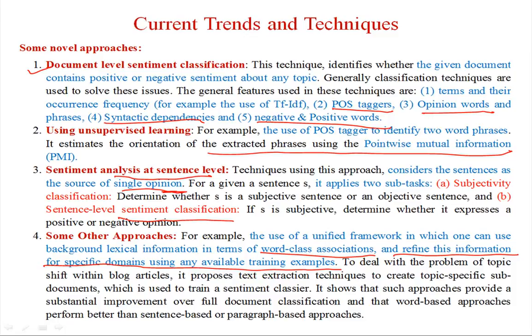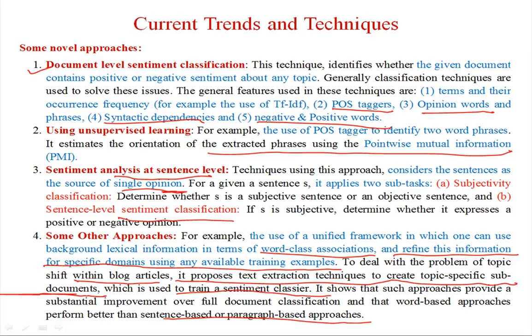To deal with the problem of topic shift within blog articles, it proposed text extraction techniques to create topic specific subdocuments, which are used to train the sentiment classifier. It shows that such an approach provides a substantial improvement over full document classification, and that word based approaches perform better than sentence based and paragraph based approaches.